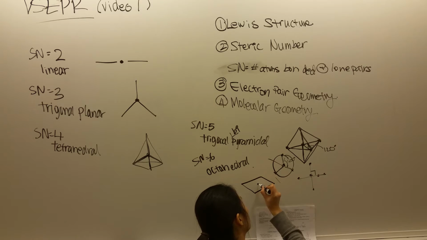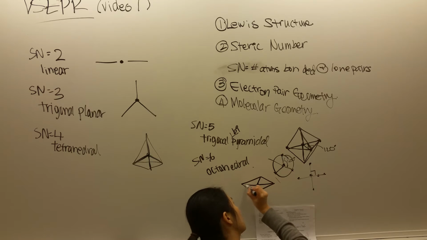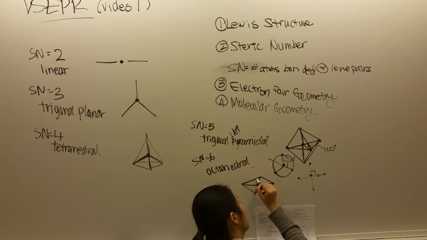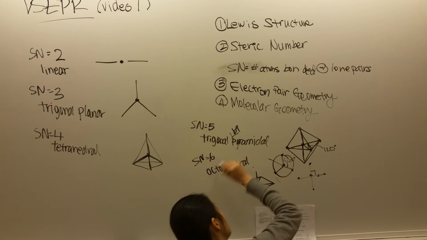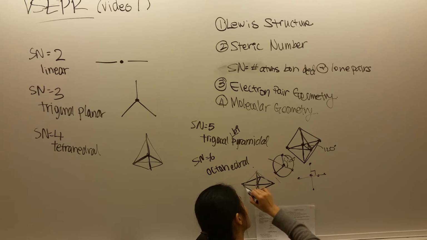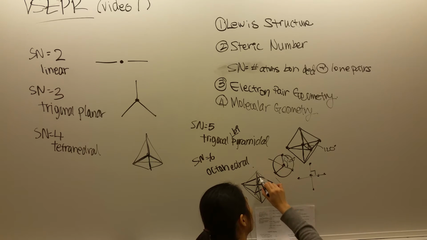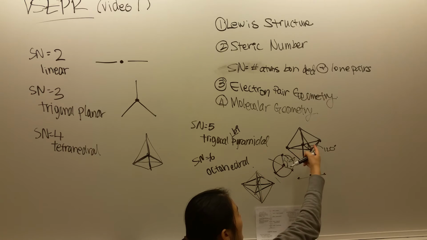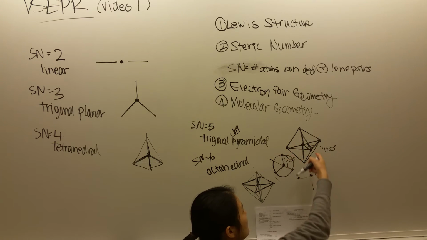Here's the central atom. Here's an electron density, electron density, electron density, electron density. Then you have one pointing straight up, and then one pointing straight down. So 1, 2, 3, 4, 5, 6. Steric number of 6. It's octahedral because you have this kind of shape here, which is basically that except 4 on this plane.